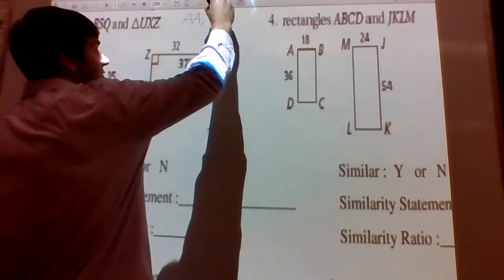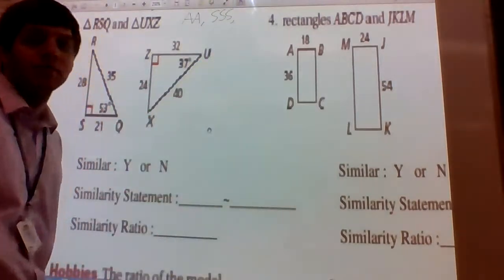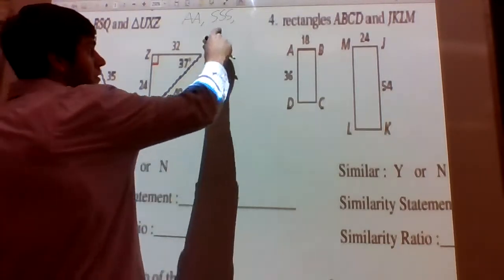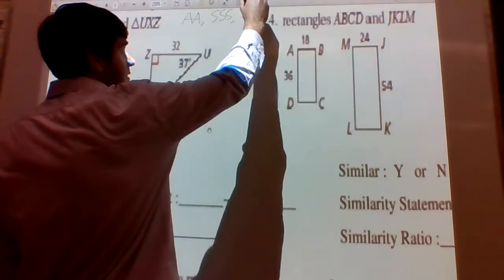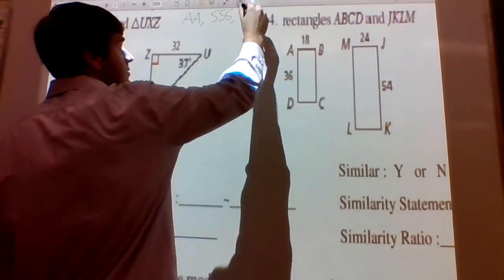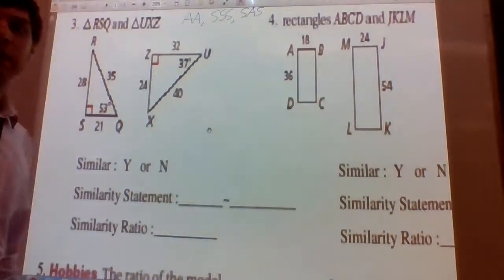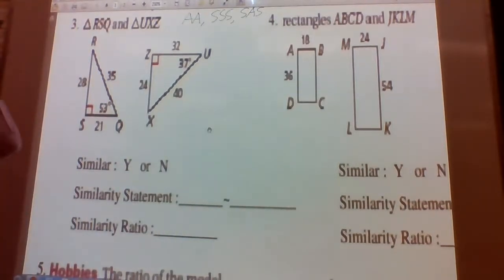We have side-side-side similarity, which says if we have 3 pairs of corresponding sides that are proportional, then the triangles are similar. And last one is side-angle-side. So if you have 2 pairs of corresponding sides that are proportional, and the pair of included angles are congruent, then the triangles are similar. You could use all 3 of them for this problem.